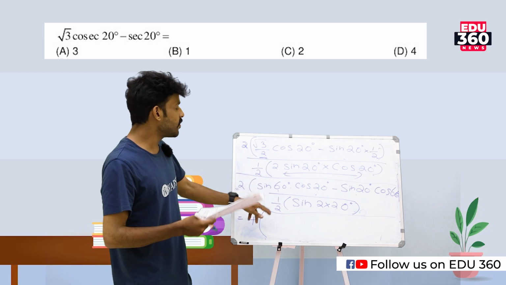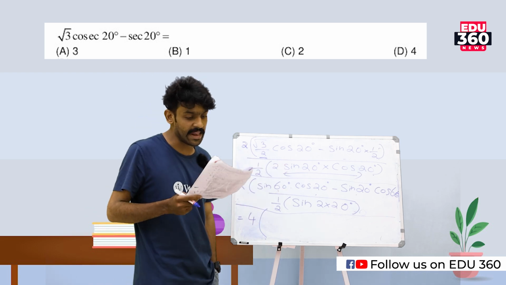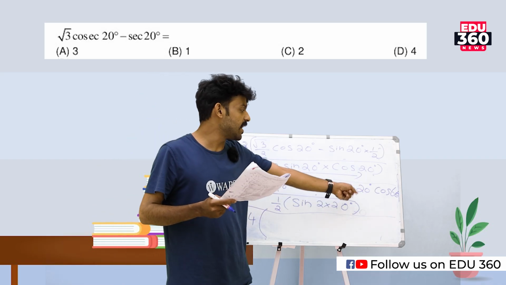That means it is in the form of sine x minus y. So what is the expansion of sine x minus y? Sine x minus y is equal to sine x cos y minus cos x sine y.